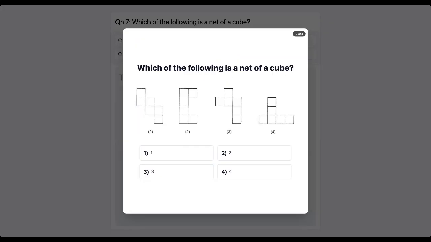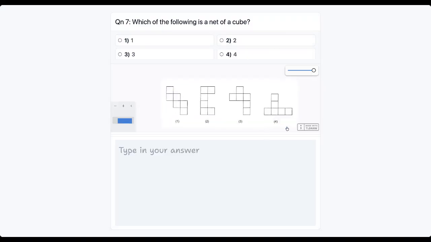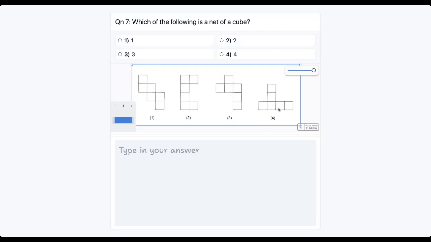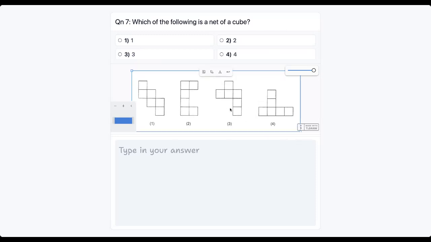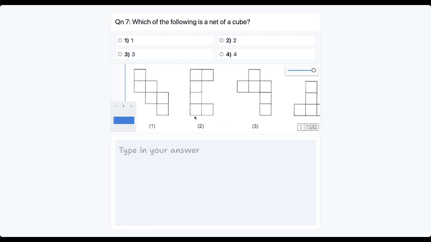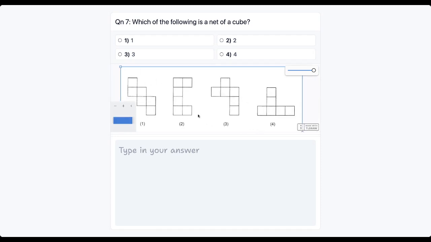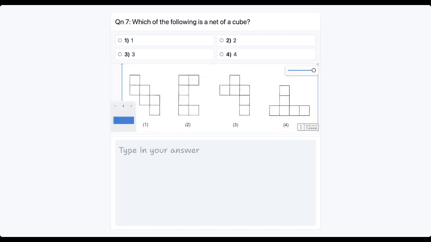Question number 7. Which of the following is net of a cube? So in this case over here, we can go through. If you are familiar with the net of a cube, the answer should be number one.